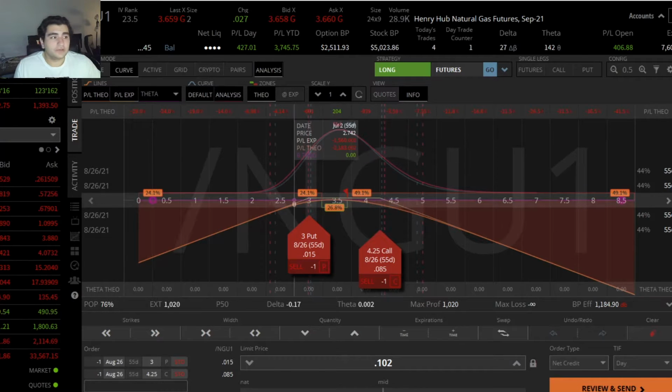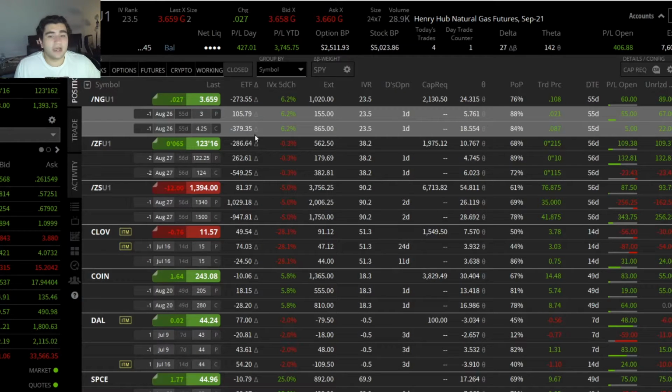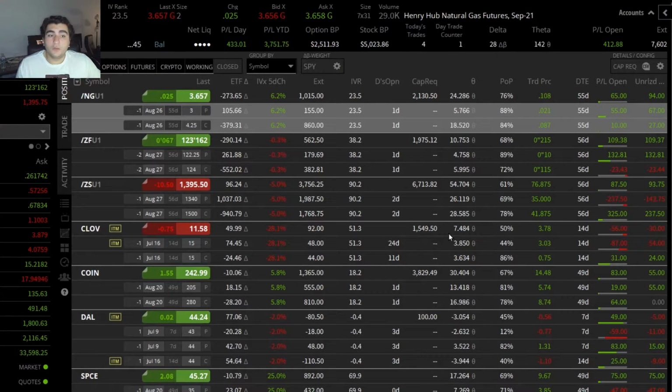So on this trade, if we go back to the positions tab, I am currently positive 24.31 thetas. So I am getting $24.31 of theoretical value decayed in my favor because I am positive theta every day as I have this trade opened. What I mean by that is, let's take a look at the top right EXT value of 7,600.